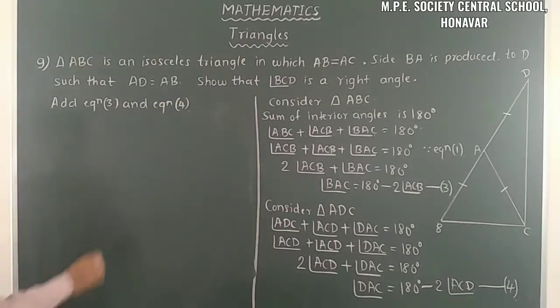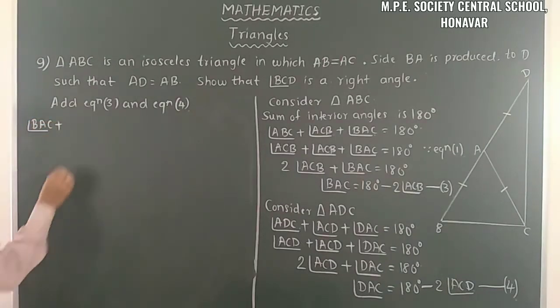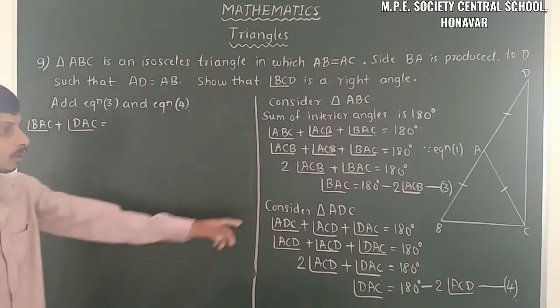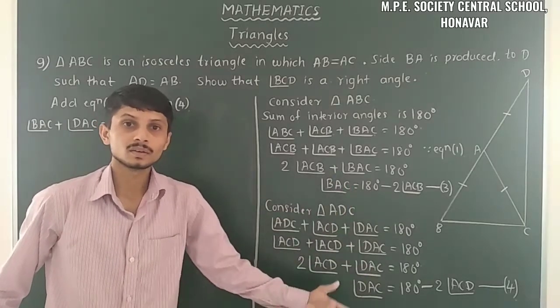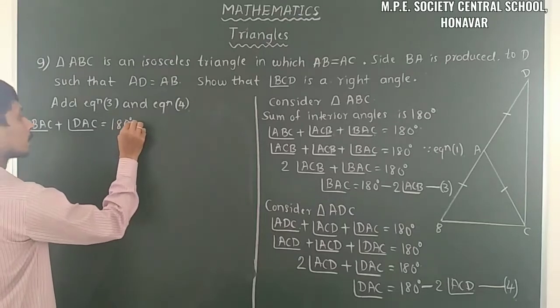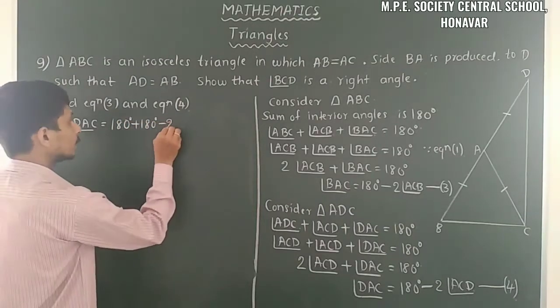So angle BAC plus angle DAC is equal to 180 degrees plus 180 degrees minus 2 into angle ACB minus 2 into angle ACD.